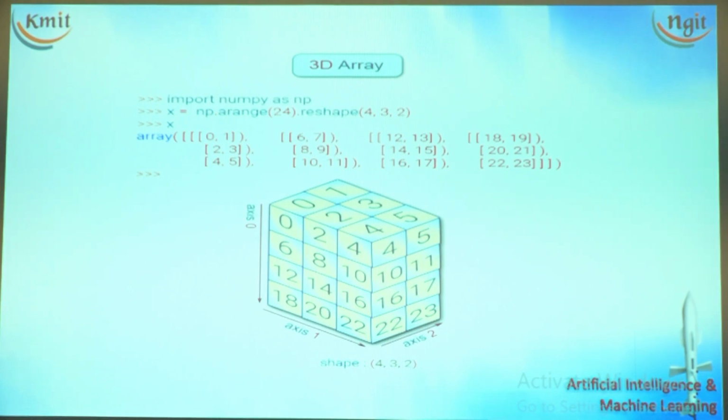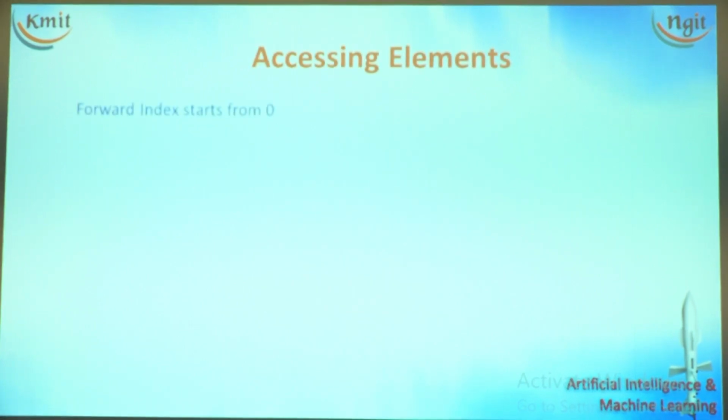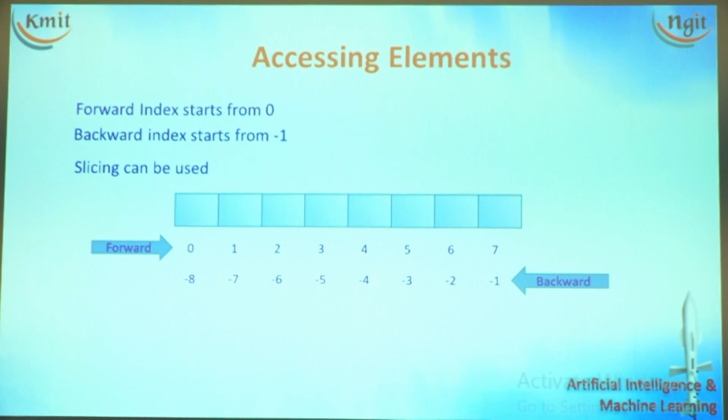Can I go for the next one please? Now since you all have got an idea on Python, Numpy arrays also support slicing, similar to the lists that you have been seeing in Python. You all know the indexing, forward indexing, backward indexing.